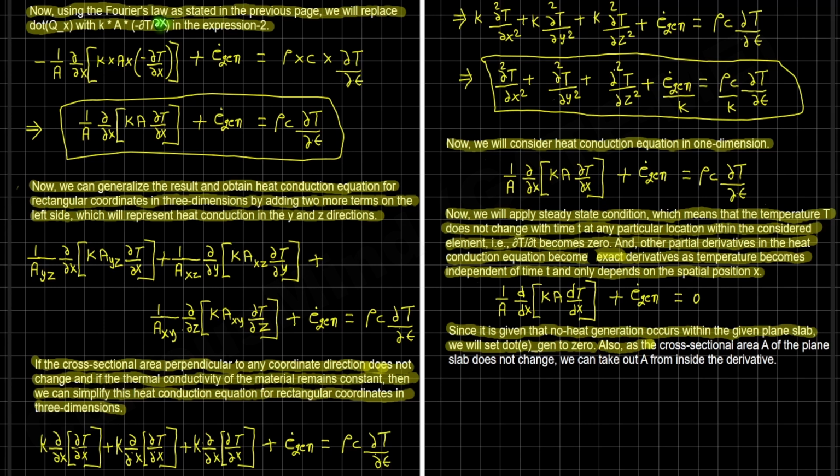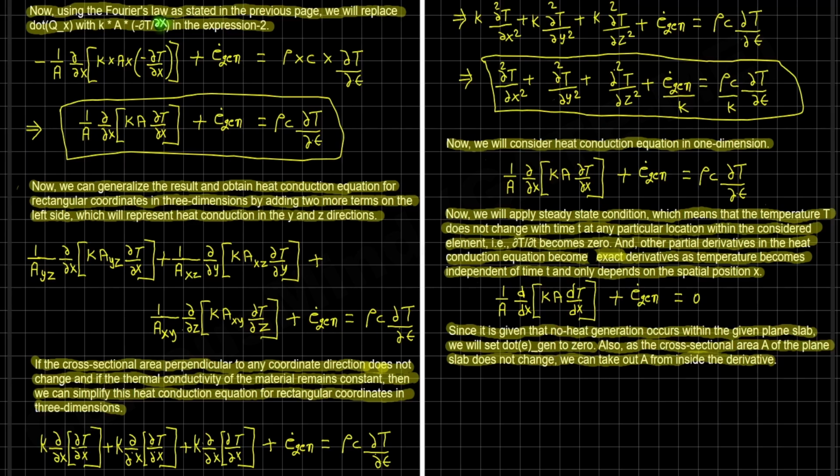Also, as the cross-sectional area A of the plane slab does not change, we can take out A from inside the derivative.